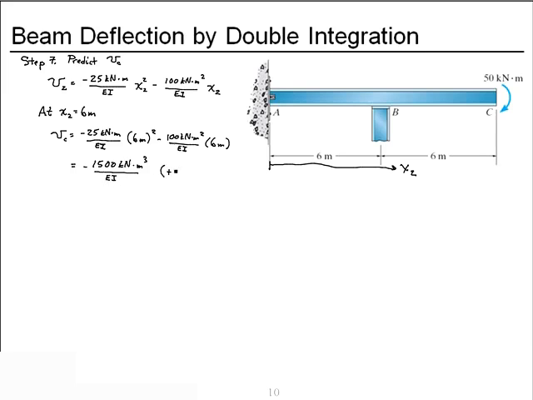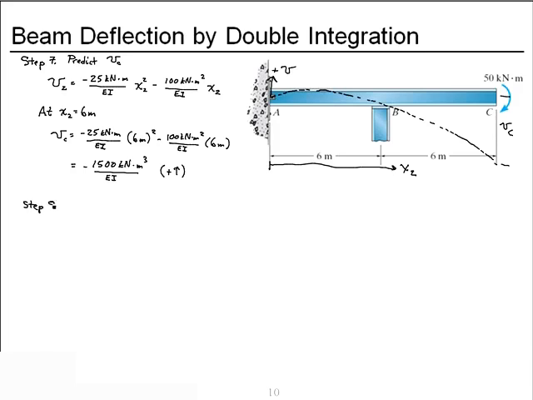And remember that a positive answer would have been an upward deflection. We had originally predicted or sketched out that our deflection would be as such. So we expected it to be negative.